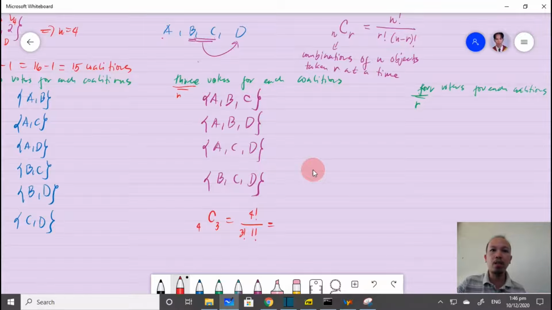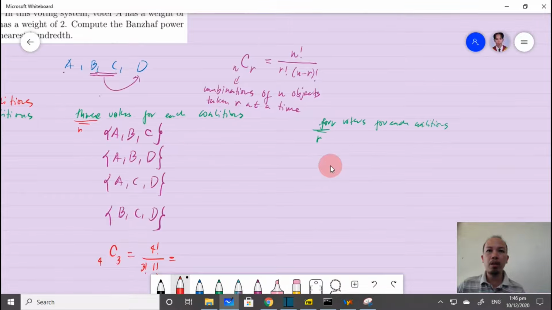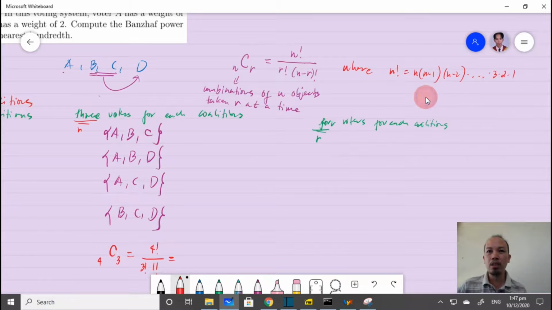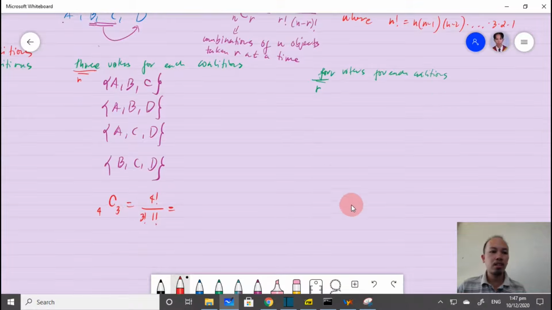And we know that n factorial is equal to n times n minus 1 times n minus 2, and so on, up to 3 times 2 times 1. So it is decreasing. For example, if n is equal to 5, you have 5 times 4 times 3 times 2 times 1 until it becomes 1.